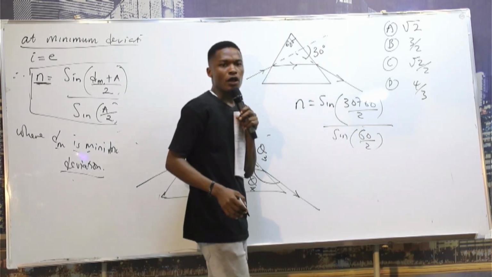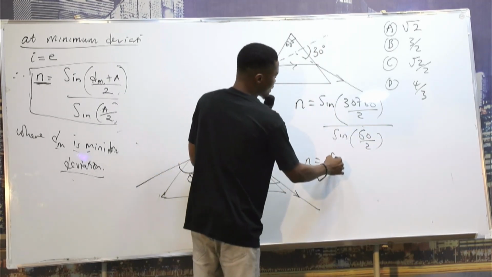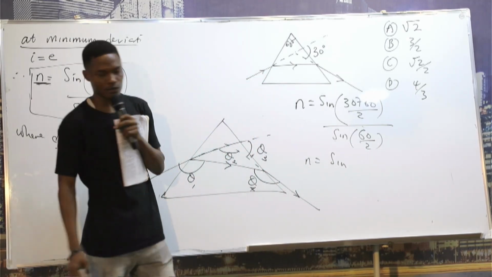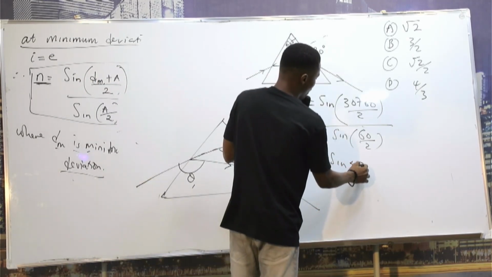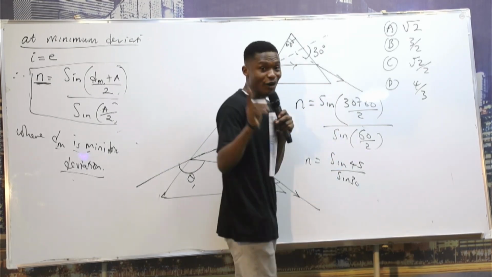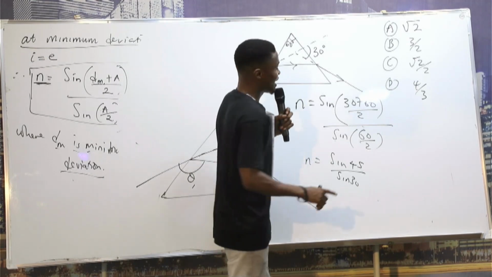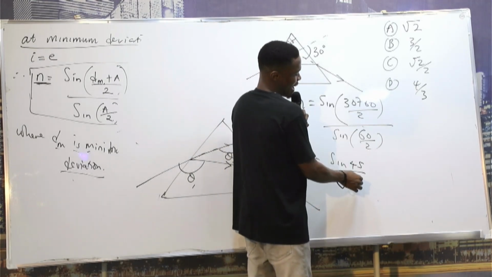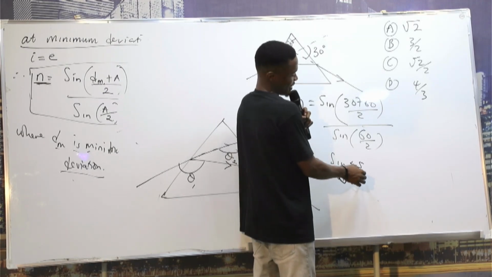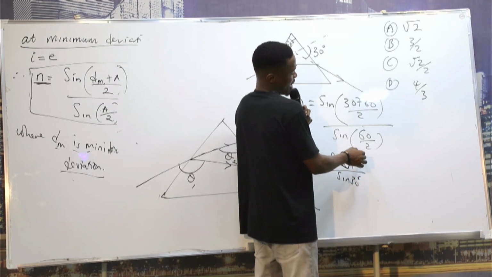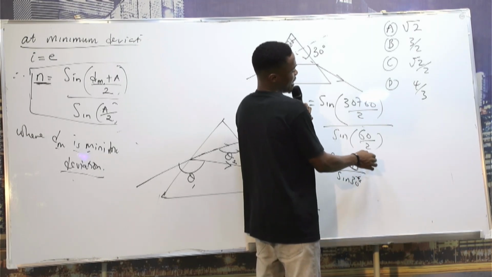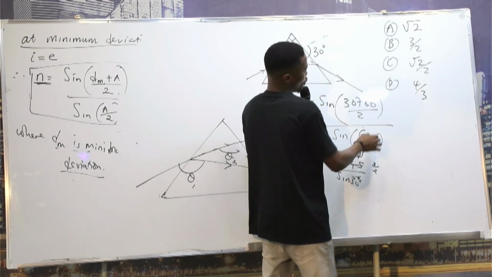This becomes n equals sine of 90 over 2, which is 45, all over sine 30.